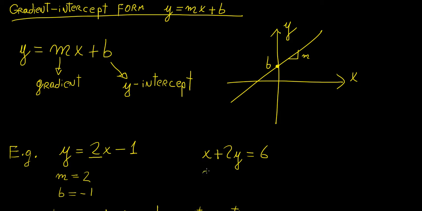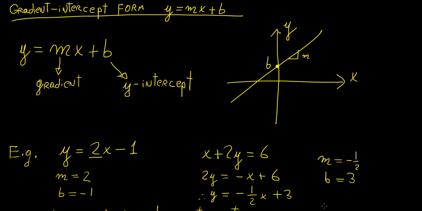That's going to be 2y equals minus x plus 6. Now we can divide both sides by 2, so y is equal to minus 1 over 2 x, plus 3. So we can see that the gradient is equal to minus half, and the y-intercept b is 3.